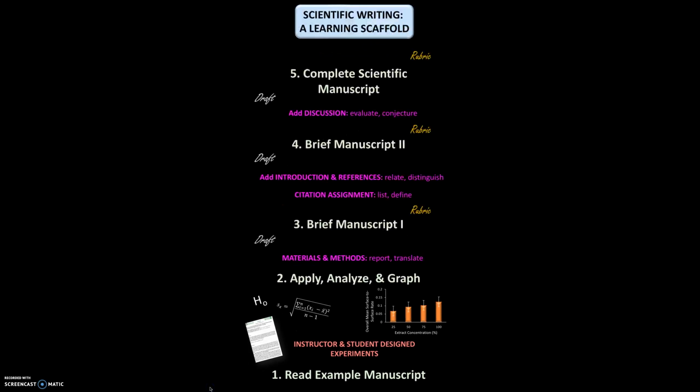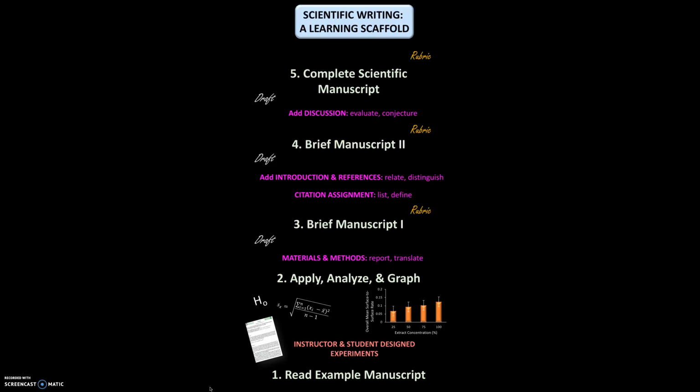To teach how to write a manuscript, I developed a learning scaffold that builds on each task until students have accomplished writing a complete paper. Key features of scaffolding are that students are provided detailed instructions, checklists, and examples before any writing ever takes place. Examples are used to teach students how to read a manuscript, as well as write a paper.